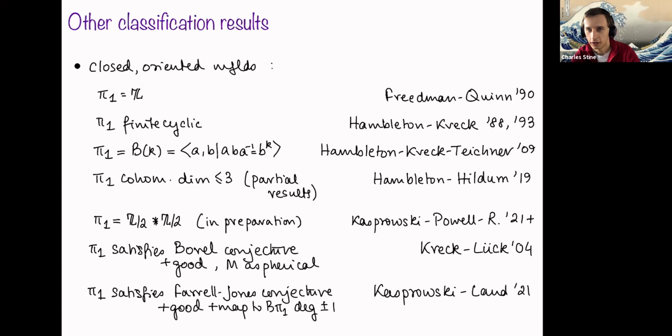So presumably the technology would run. But I'm guessing the problem is that we don't know, for example, the classification of closed four-manifolds with good fundamental group. So right, this list is for closed four-manifolds, and for example, I did not just write all good groups. This is not the list of all good groups. There are more good groups, but one needs more.